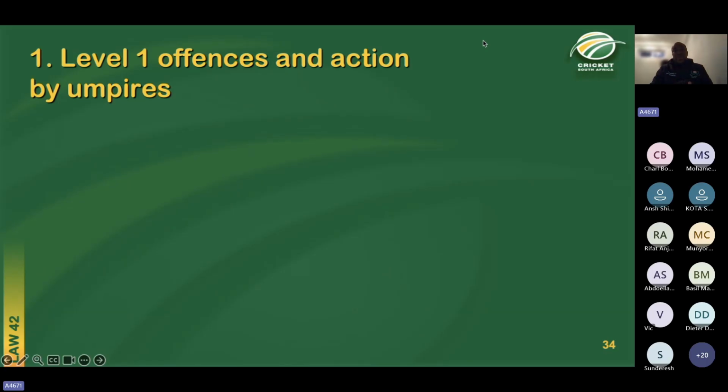So if you get to a tournament and there is no code of conduct, then you can use the laws of cricket's Law 42 player conduct regulations.